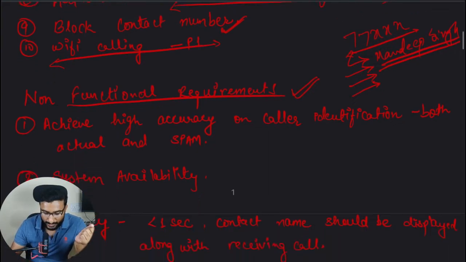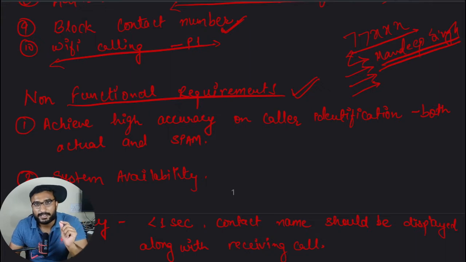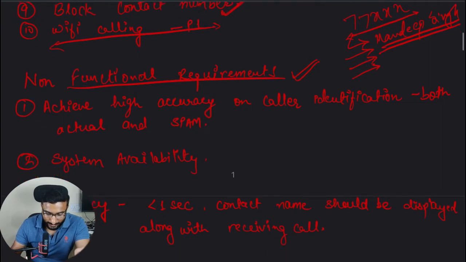So that's a very important requirement and a basic pillar of our system, that we want to give accurate name details to whoever is getting a particular call. I want to associate a name which is true and correct, as Truecaller's name suggests. The same goes for spam callers.